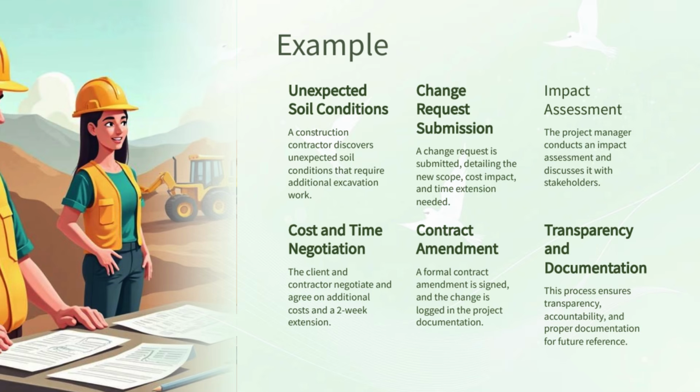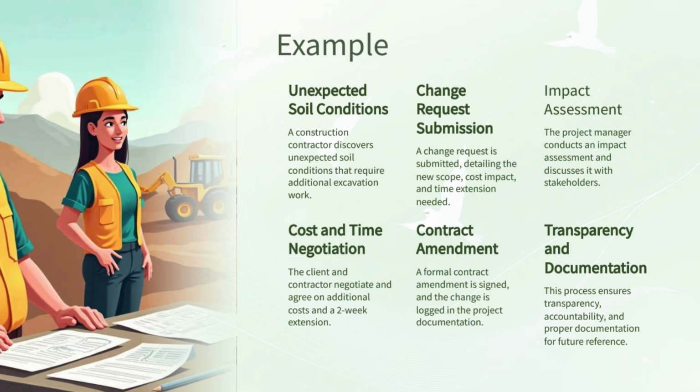After reviewing the impact and conducting necessary discussions, the client and contractor negotiate the final terms. They reach an agreement on the added cost and the time extension, ensuring that both sides are satisfied with the revised arrangement. So once the agreement is finalized, a formal contract amendment, often called a variation order, is prepared.